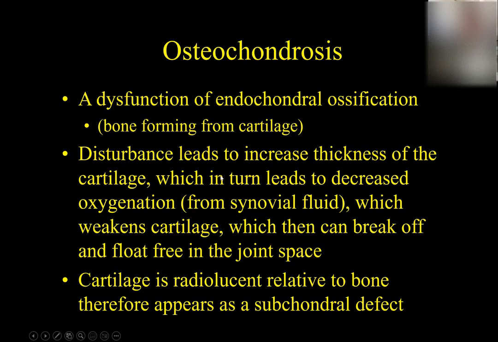Any issue in those osteoblasts right underneath that cartilaginous cap of a long bone can lead to disturbance in growth. For example, let's say you have poor blood supply in the joint space itself. Normally, the epiphyseal portion of the bone gets some of its blood supply and nutrients from the joint fluid itself.